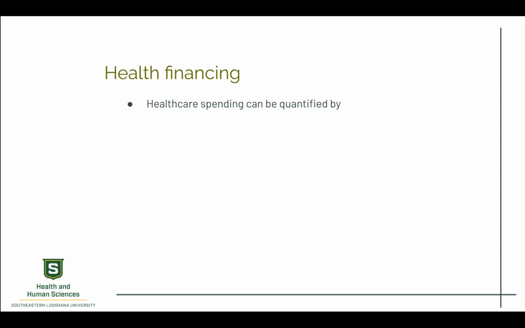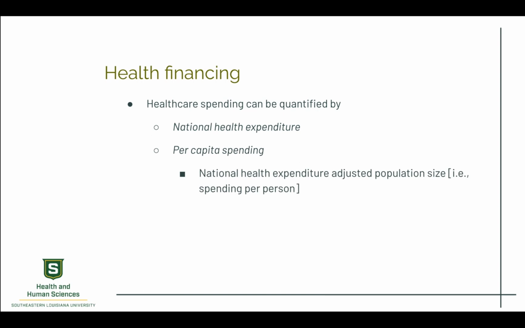There are typically two ways that one measures healthcare financing, and it's either through national health expenditure or per capita spending. So, per capita spending is a way of looking at the national health expenditure in a more granular perspective.